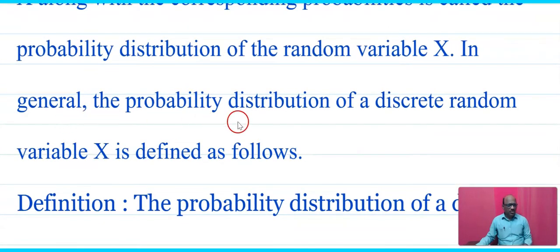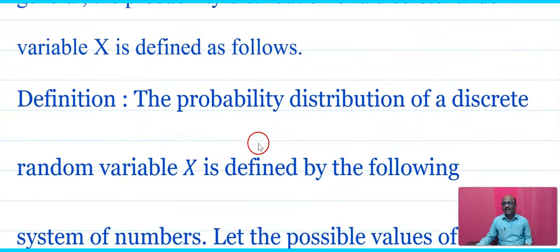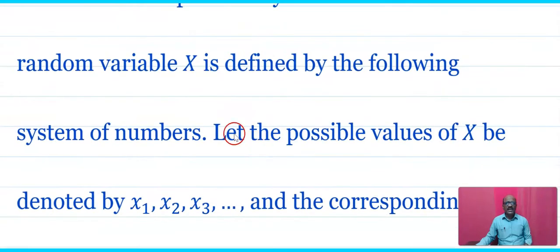In general, the probability distribution of a discrete random variable x is defined as follows. The probability distribution of a discrete random variable x is defined by the following system of numbers.